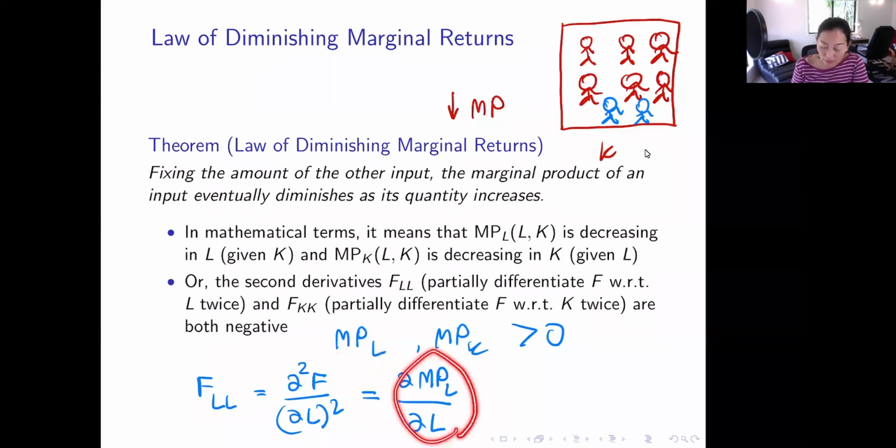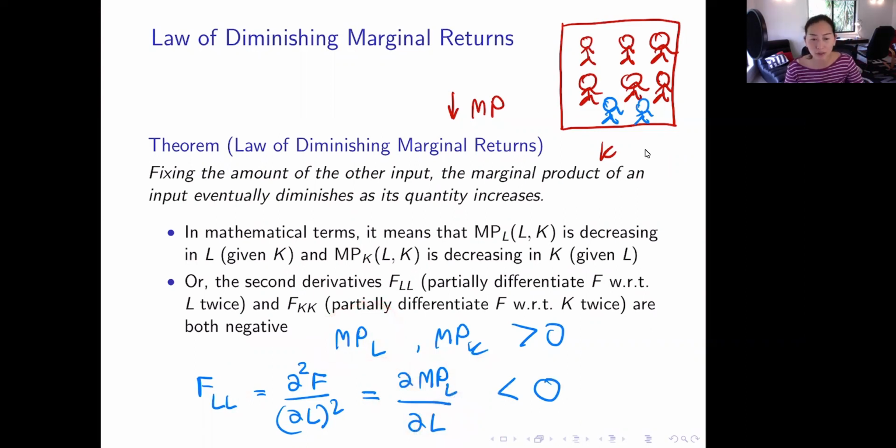What it shows is the change of the marginal product when 1 unit of labor increases. In this case, it has to be negative, because your marginal product is going to decrease as L increases, but the marginal product value itself is positive. So don't get confused about this. If you change it to K, F_KK is going to be the same.